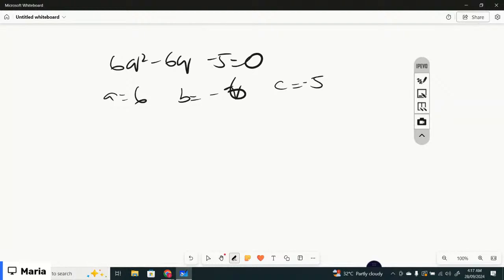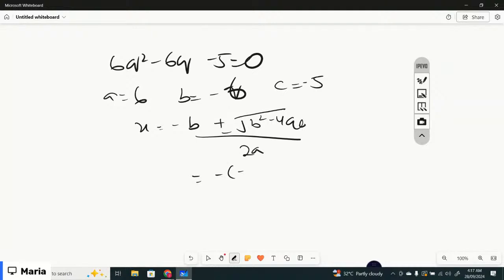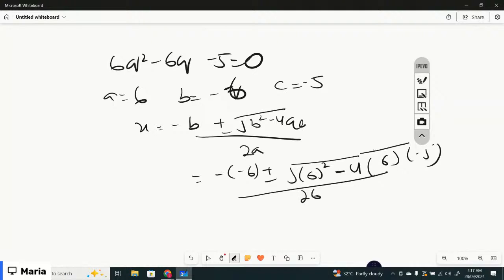Now let's just use the quadratic formula, that is x equals minus b plus minus square root of b square minus 4ac divided by 2a. So you have negative b, b is already negative, so 6, plus minus square root of b square, that is 6 square, minus 4, a is 6, c is negative 5, divided by 2 times 6. So that is 6 plus minus square root of 36 minus 6 times 5.